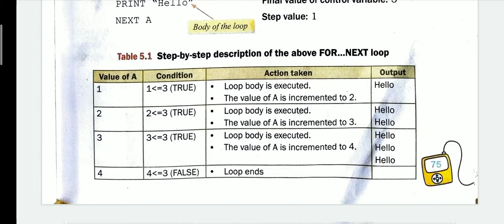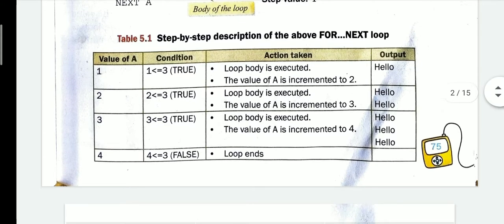Then the program again prints hello on the output screen. Again, the value of A is increased by 1, 3 becomes 4, 4 is less than or equal to 3, here the condition is false, hence the program stops here and finally prints 3 hellos on the output screen.